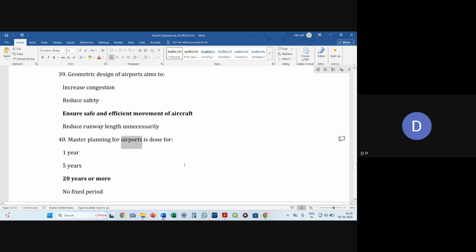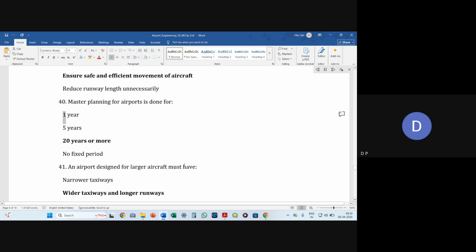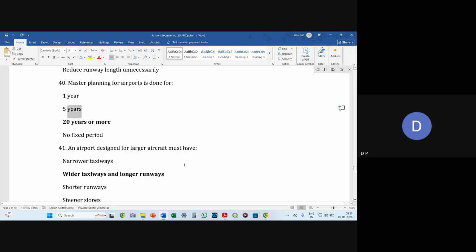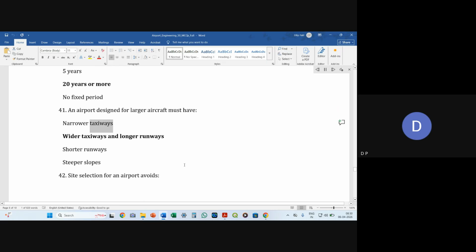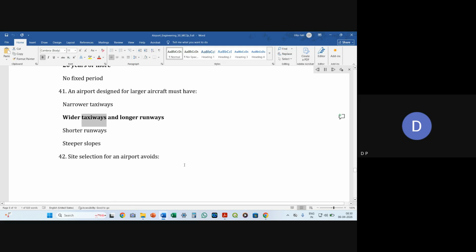Master planning for airports is done for 1 year, 5 years, 20 years or more. No fixed period.